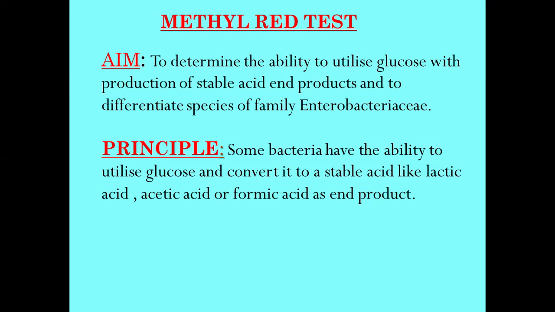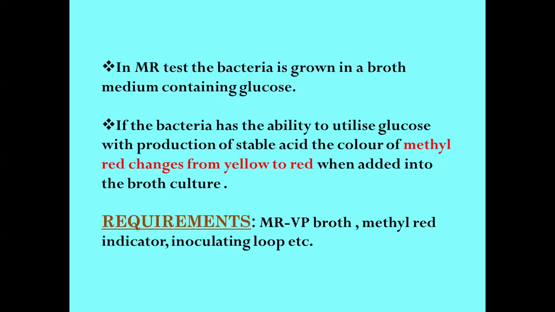Only a few genera of Enterobacteriaceae are able to produce a stable acid after the utilization of glucose, and that is the major principle behind this methyl red test. Some bacteria utilize the glucose and produce stable acids like lactic acid, acetic acid, and formic acid as end products. Based on the end product formation, we can confirm which enteric organism it is.